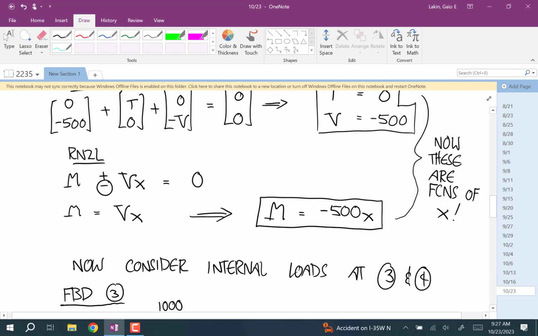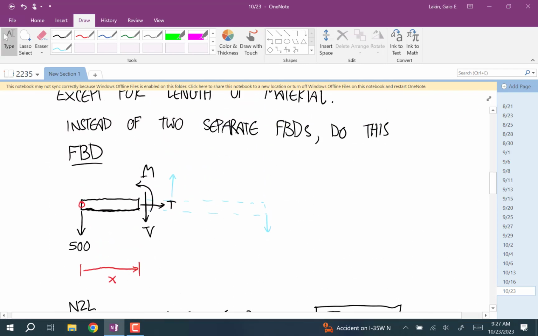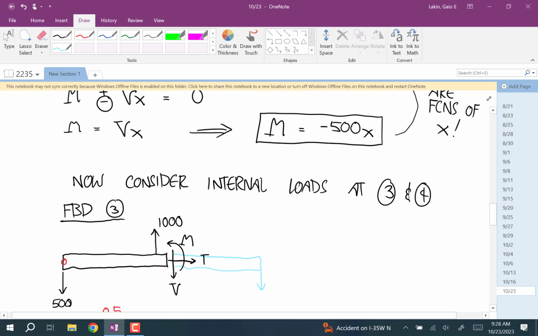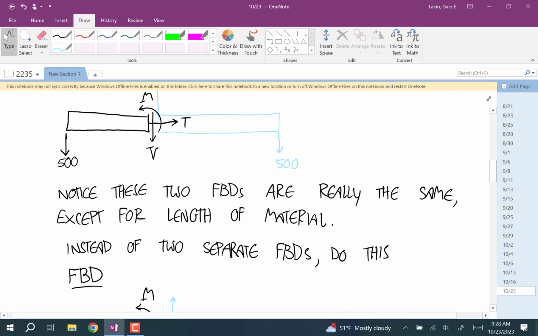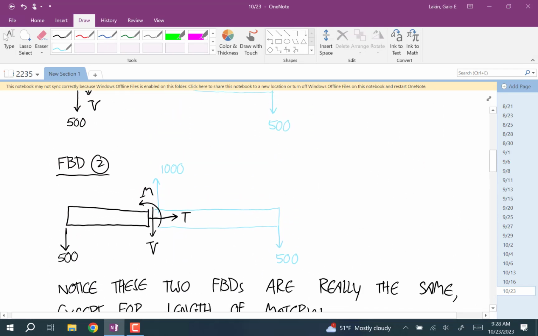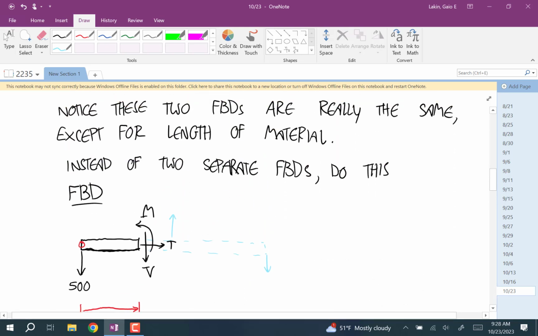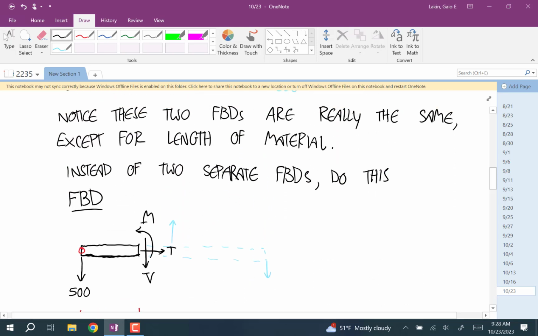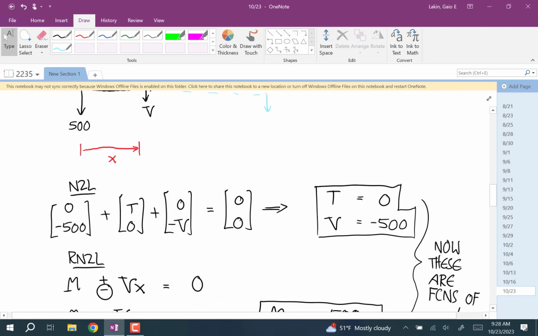Well, for x values between x equals 0 and x equals 0.5, we had a T of 0. Okay.